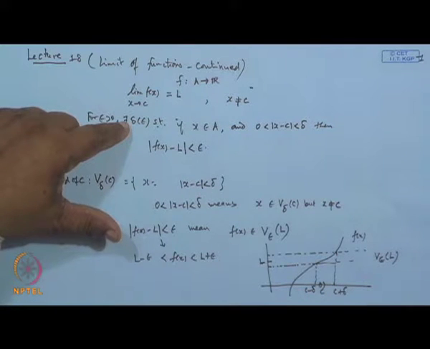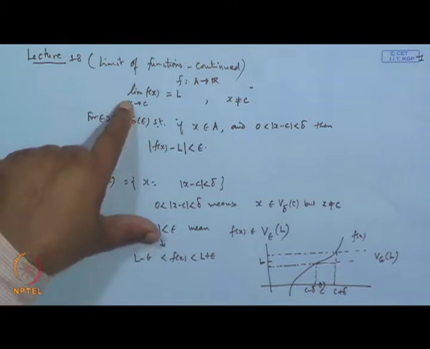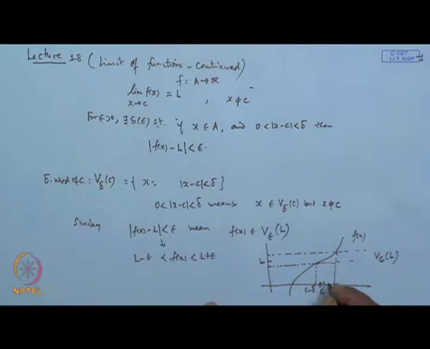Then what this limit says is that for any arbitrary point x which lies in this interval and is different from c, the corresponding image f(x) will always fall within this neighborhood.